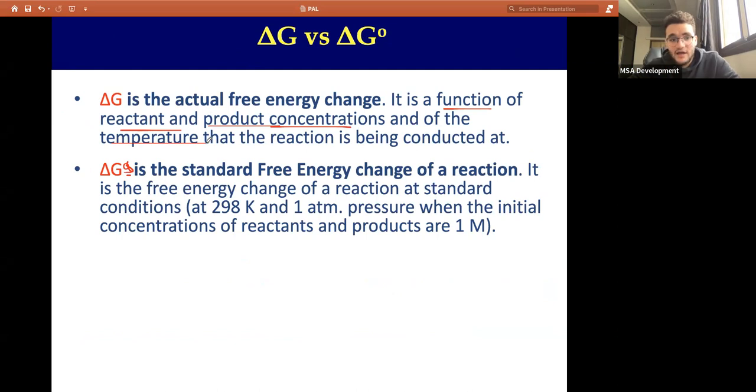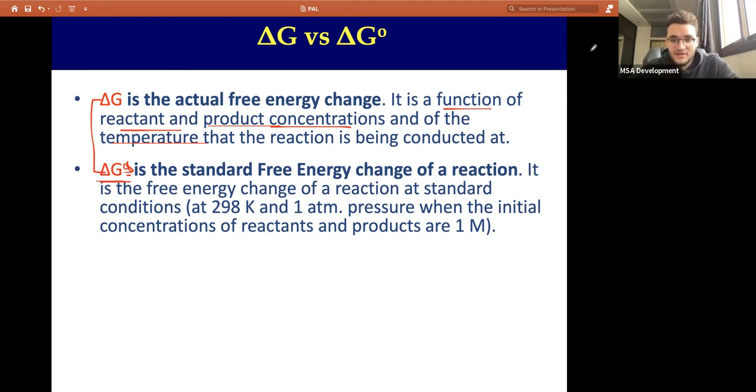The difference between these is that delta G naught is the standard free energy change. So you already have the temperature, the pressure, and the concentration of the reactants and the products. So this is the standard one. However, the actual one differs from one reaction to another. This is why it's called the actual one, because it's the delta G of the actual reaction. Okay, it's not the standard.